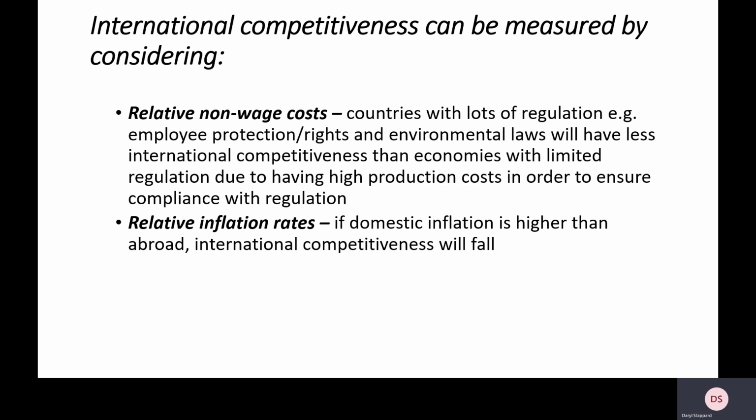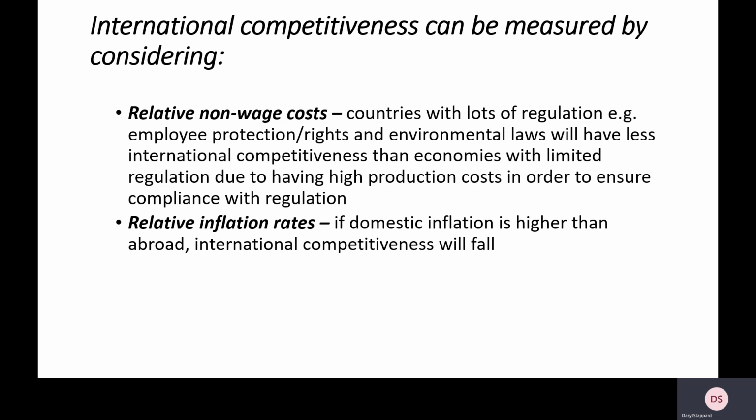Now, when you produce products in an economy, you've got more to pay than the costs of workers. You've also got to be thinking about things such as regulation and environmental laws. So regulations could be things such as how many holidays staff are entitled to, the training that staff must have in the workplace, the pensions that people are entitled to. It could even be down to the skills that people must have to work in those particular industries.